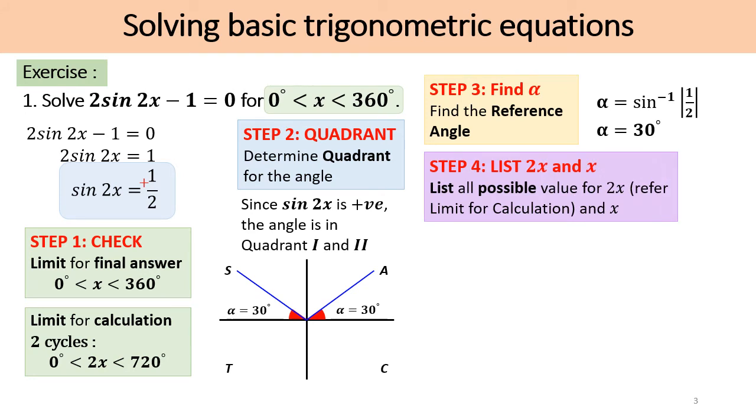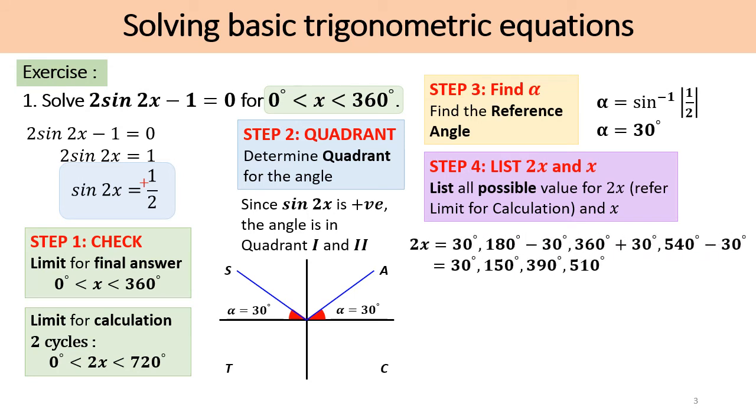The last step is to list all the possible values. We go step by step here. First, we list the possible values for 2x, where we need to go up to 2 full rotations. So in step 4, we list 2x, and we get 2x is equal to 30 degrees, 150 degrees, and then for the second rotation we have 390 degrees as well as 510 degrees.